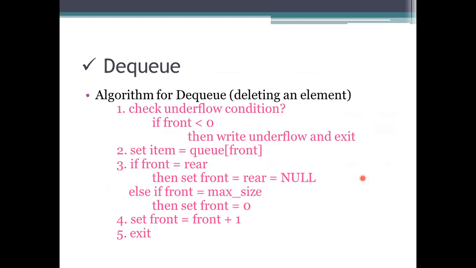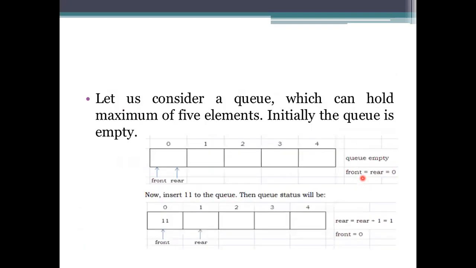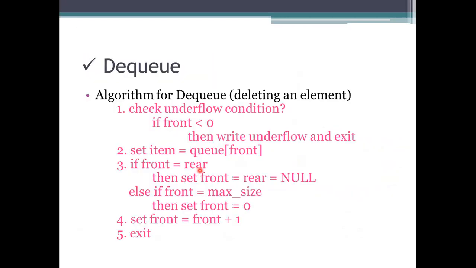So if the front is equals to rear, you need to reset the values to front equals rear equals null, that is, front equals rear equals -1. After deleting the fourth value which was inserted, the front value and the rear value will be null here. So in this situation, the queue into which you inserted the elements has become an empty one. So that's the thing.